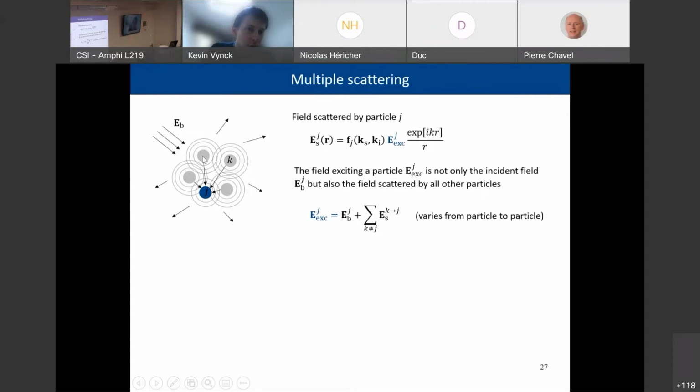It will depend on the position of the particles, on their distance, and so on.